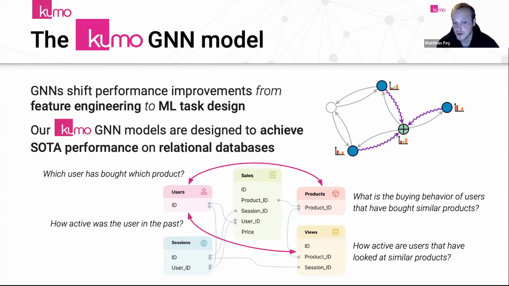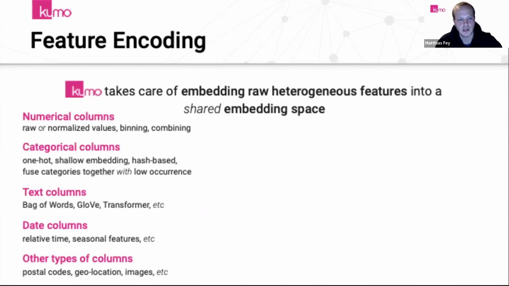But if you continue sampling and continue message passing on these subgraphs, then you actually get more broader information, for example, information about users that have bought similar products, or how active users were that looked at similar products, and so on. So that is a super flexible design to not reason about feature engineering, but more about how we can design models that can capture these signals.